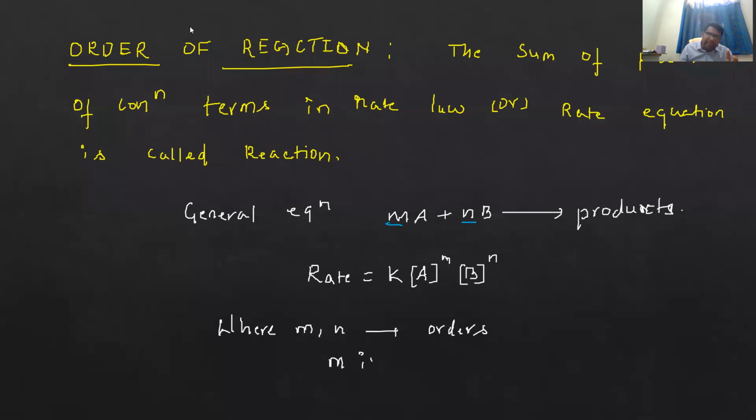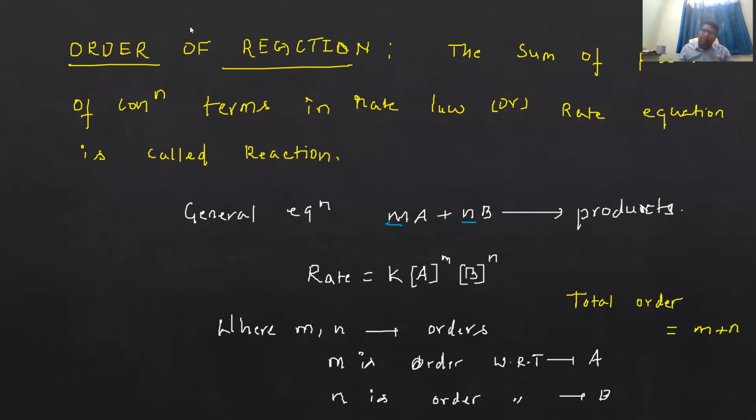M is the order with respect to A, and n is the order with respect to B. Therefore, what is the total order of the reaction? Total order is equal to m plus n. This is the sum of the orders.